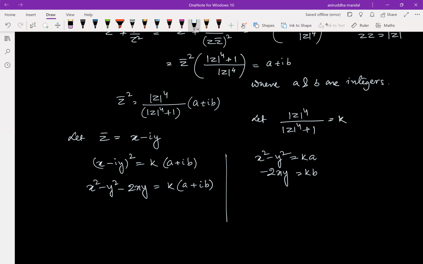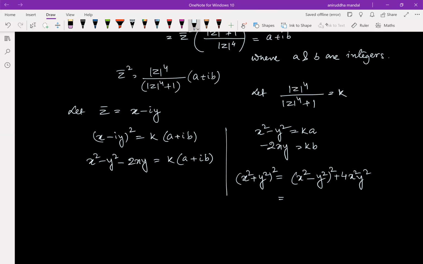So let's find the value of x square plus y square whole square. So we can write this as x square minus y square whole square, and this is plus 4 x square y square. So this is x square plus y square whole square. So x square plus y square whole square means we can write this as mod z to the power 4. Yes.